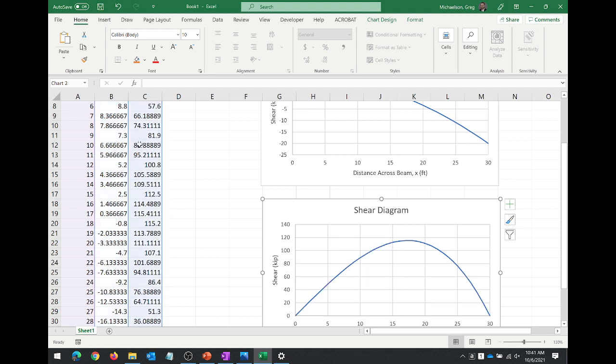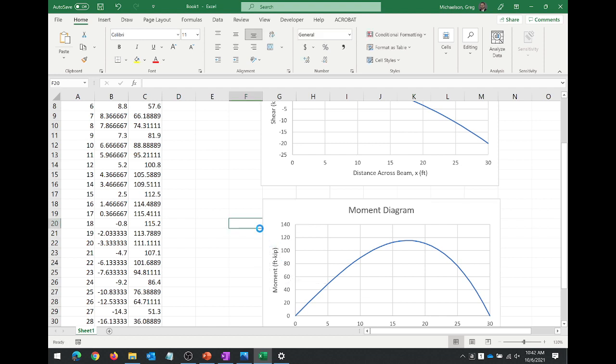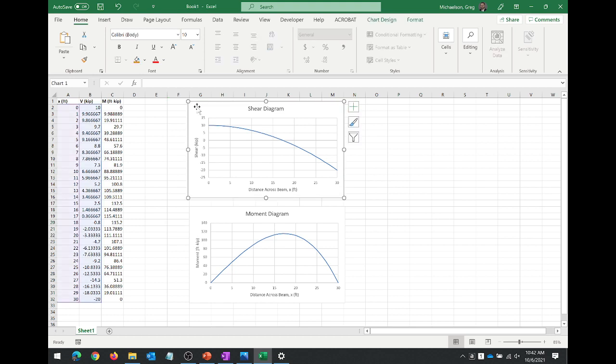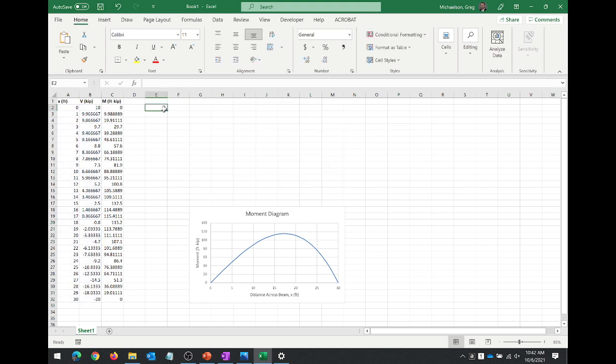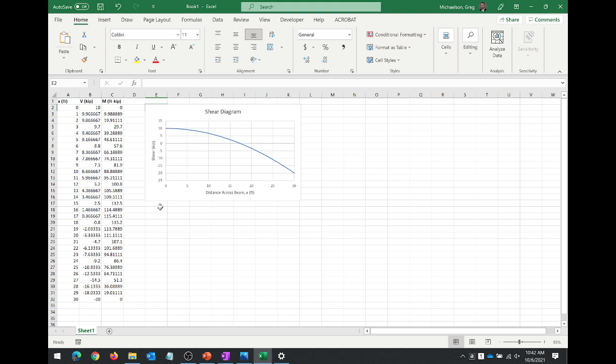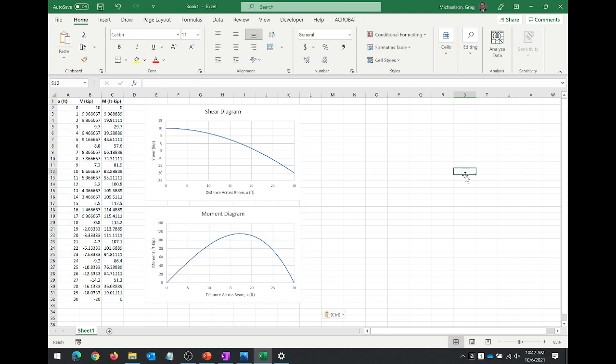Boop. And then now we call this moment diagram. And change my axis label. Now, let me move these over so that they're a little more lined up. Boom.